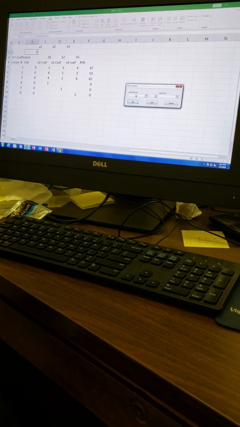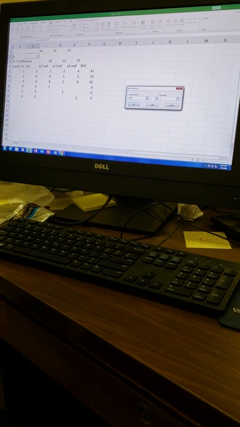Now we have to add these 6 constraints. So say add, cell reference. Every constraint will have a left hand side and a right hand side. This is the left hand side for the first constraint. The default inequality is less than or equal to, which is correct because it is a maximizing problem. Then add the next one, also correct.